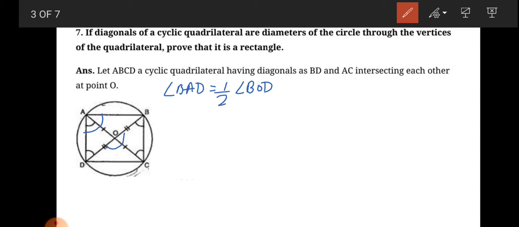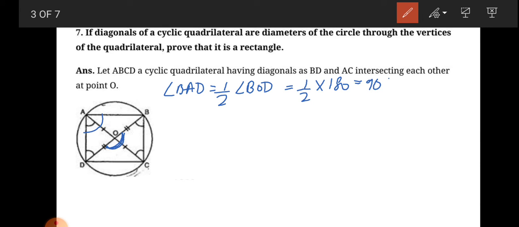As we know, the angle at the center is double the angle on the remaining part of the circle. So half of angle BOD, which is 180 degrees, is 90 degrees.